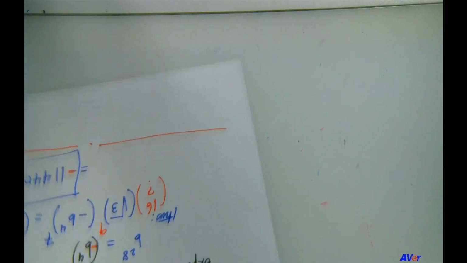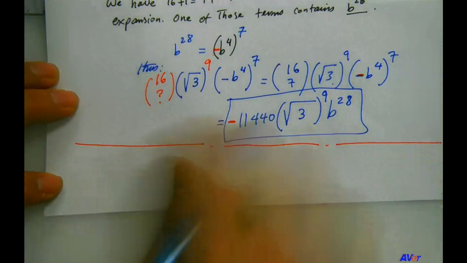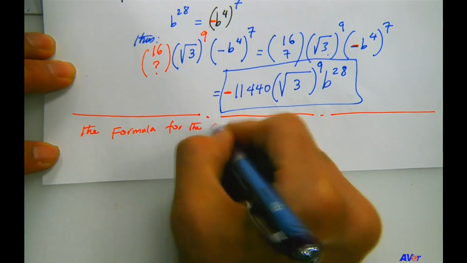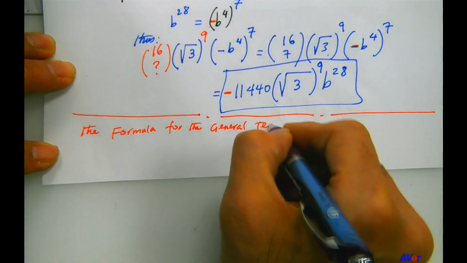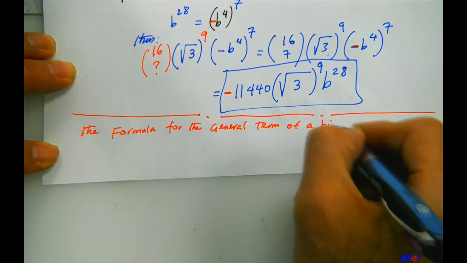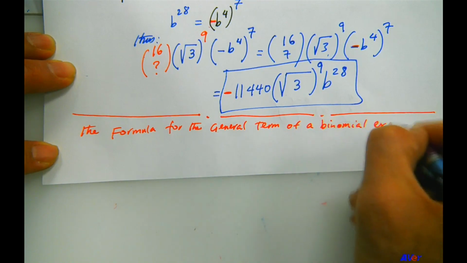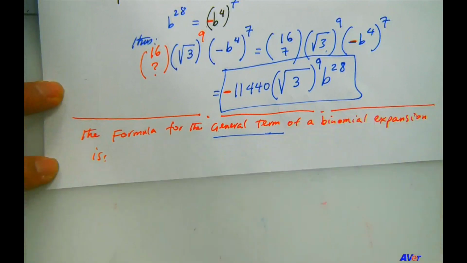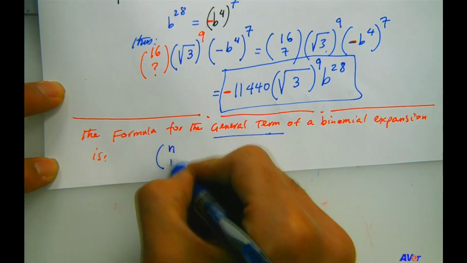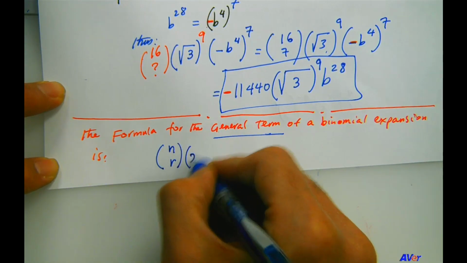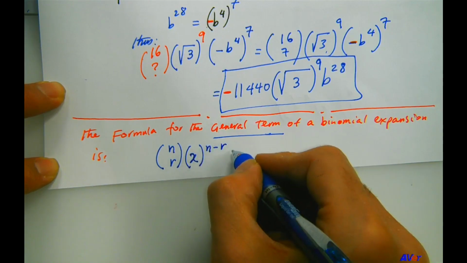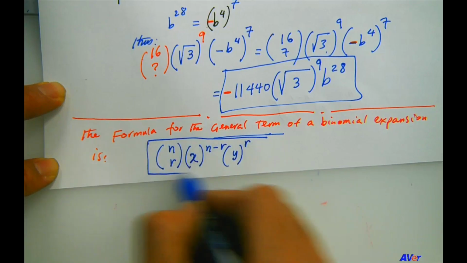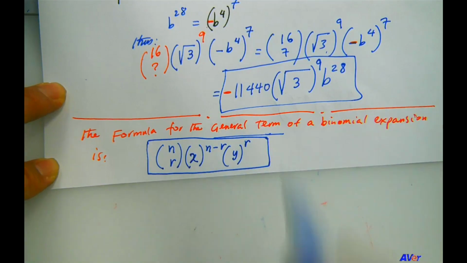Okay, so the formula for the general term of a binomial expansion is n choose r times x to the n minus r power times y to the r power. So that's the general term you can use to find that.